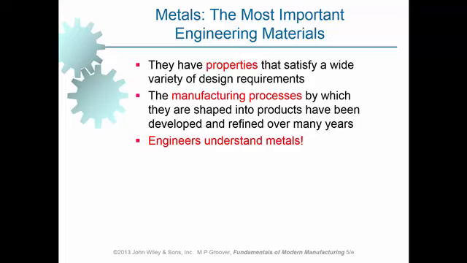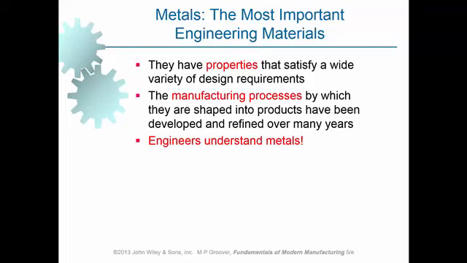Why is this? Why can we call metallic materials the most important group of engineering materials? There is a list of some reasons. As we can see in this slide here, metallic materials generally have a set of properties that satisfy a wide range of applications.